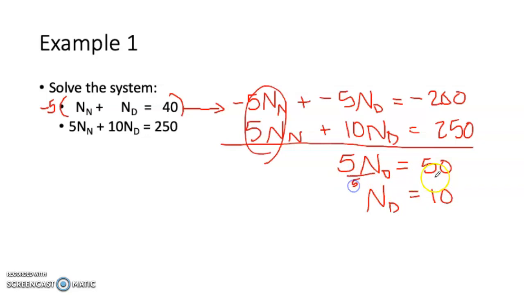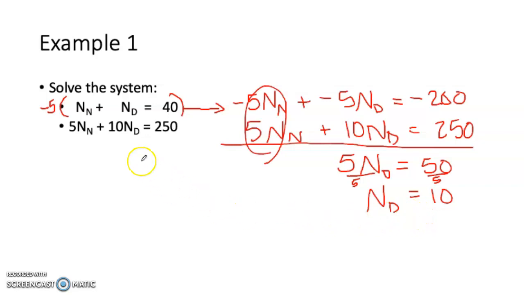Right? Because I can divide both sides by 5. 50 divided by 5 is 10. I found N of D, my number of dimes. Now this is not how much money my dimes is worth. It's how many coins called dimes I have.